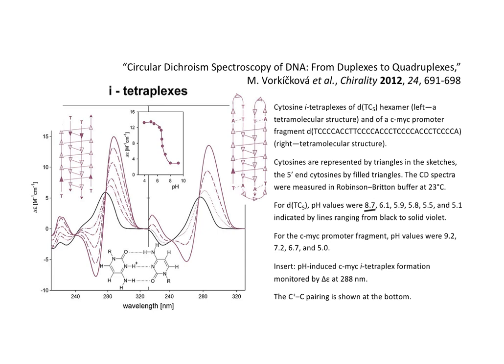But as the pH becomes more acidic, we now see a strong positive Cotton effect with the solid violet line. This is a result of protonation of one of these cytosines, so that there is a cytosine-cytosine base pairing.